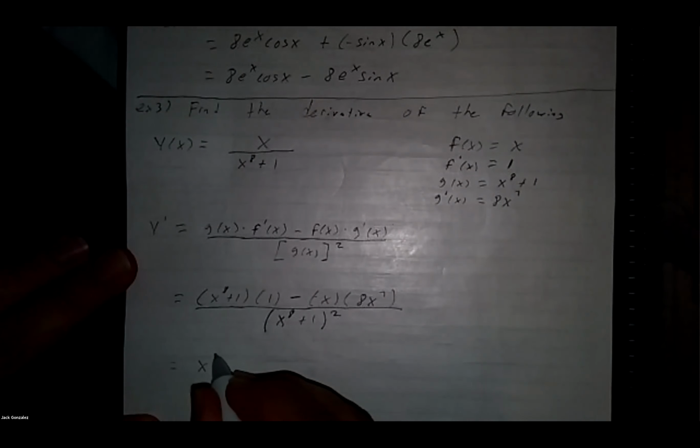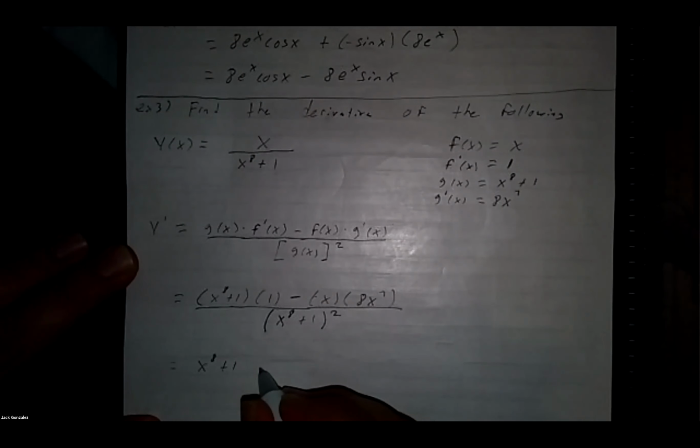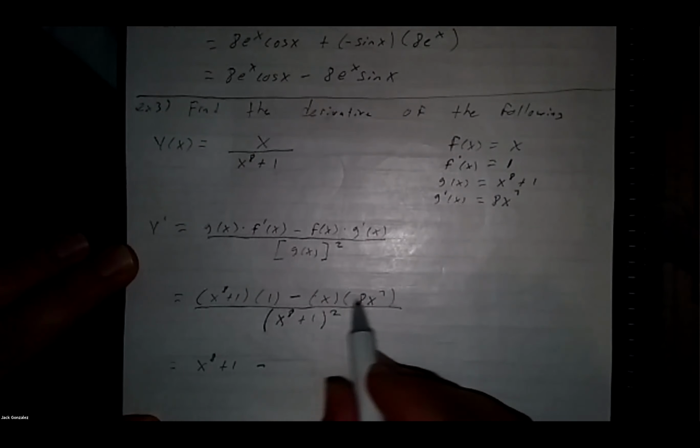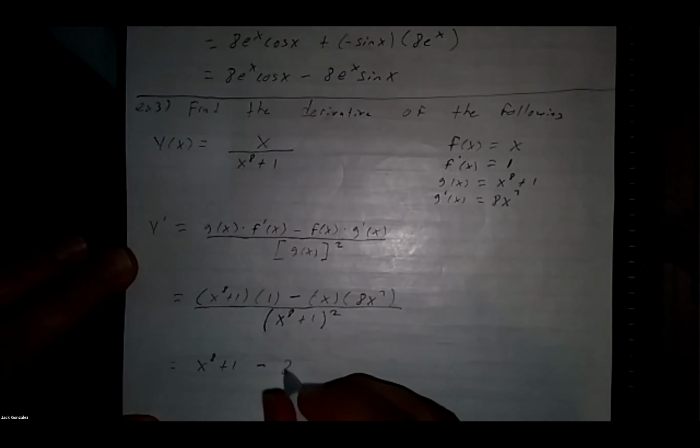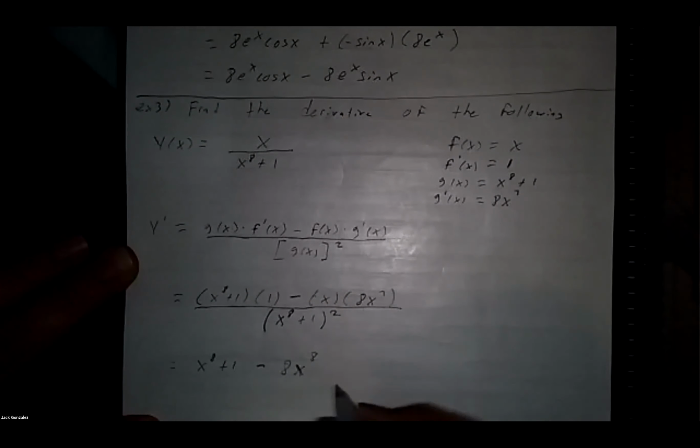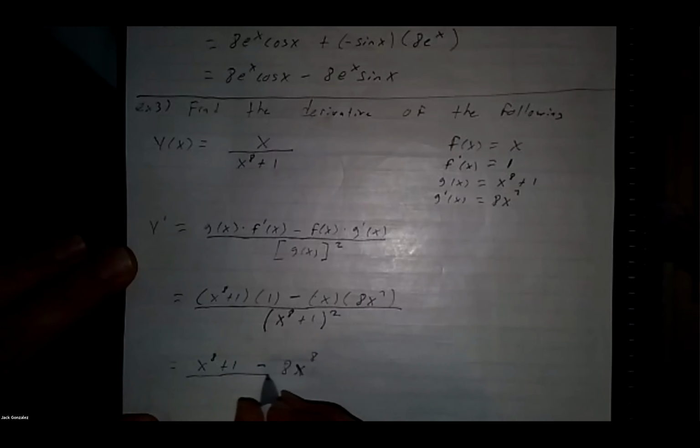It'll be x to the 8th plus 1 minus x times 8x to the 7th, which is 8x to the 8th, over x to the 8th plus 1 squared.